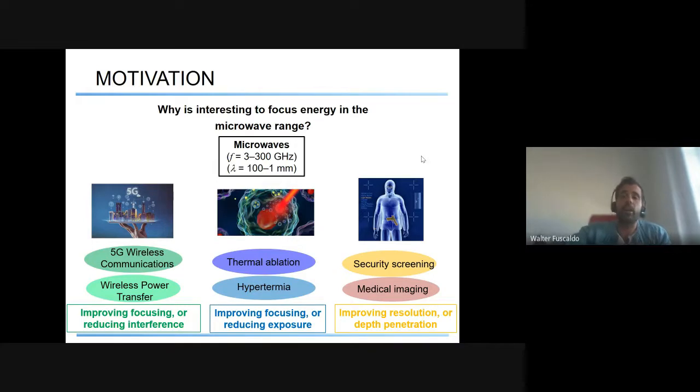Another area of interest is that of thermal ablation because of the resonance of the dipoles of water, and in that context it is also important to focus energy in a small region to avoid warming up the neighboring tissues of a cell.